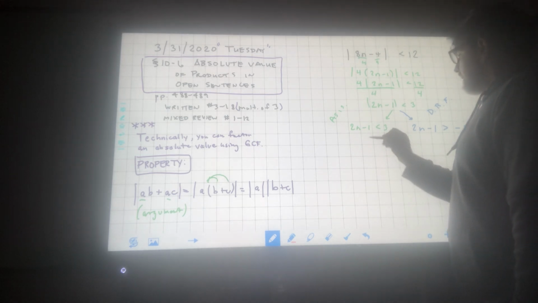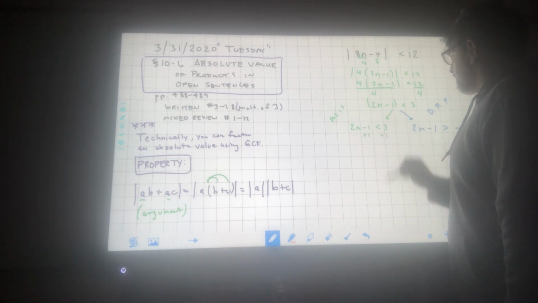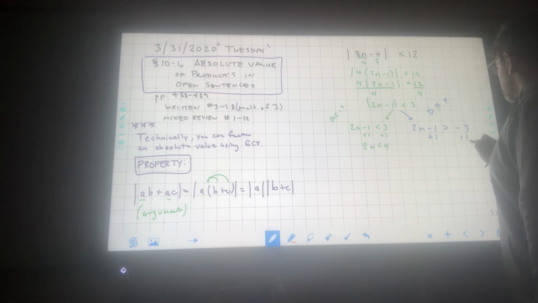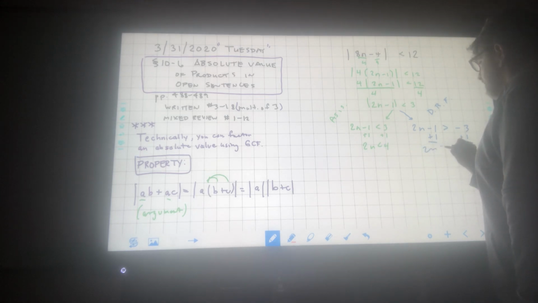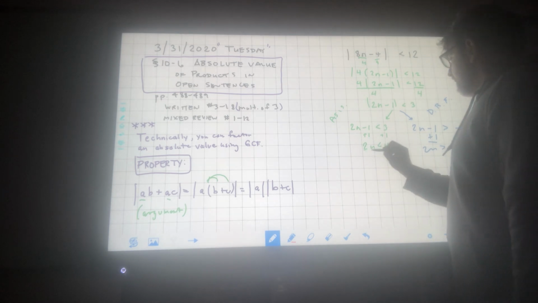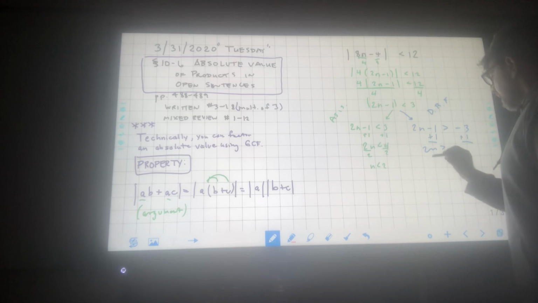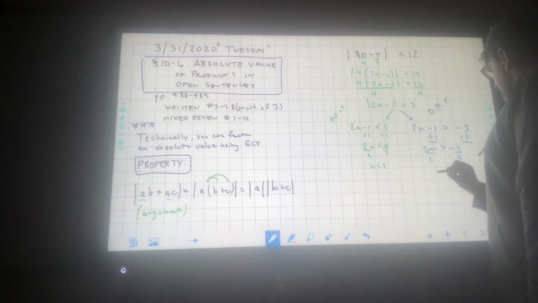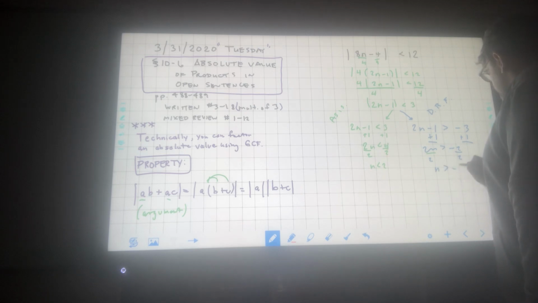All right, add 1: 2n is less than 4. Add 1: 2n is greater than negative 2. Divide by 2: n is less than 2. Divide by 2: n is greater than negative 1.